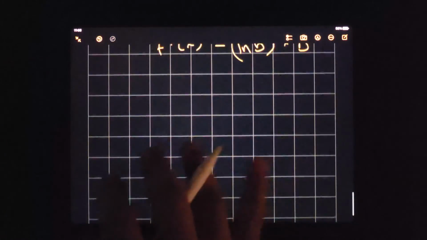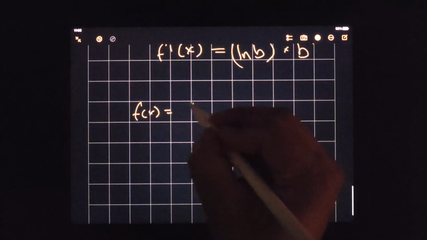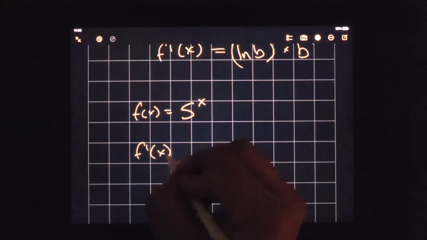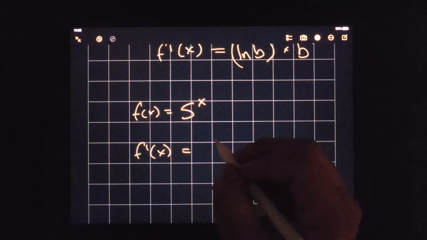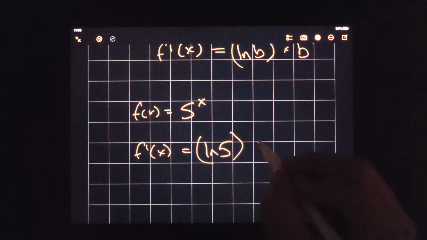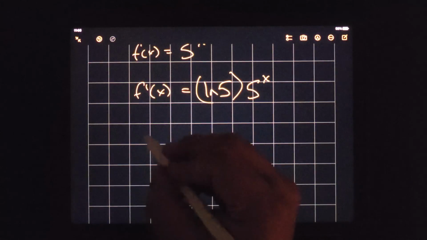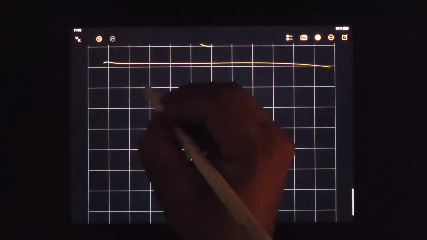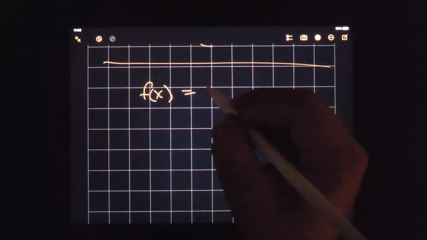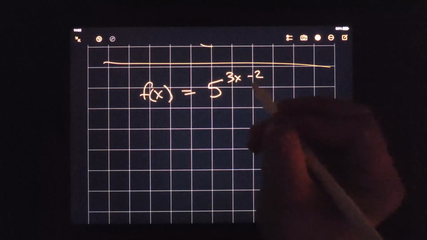So that's pretty straightforward, right? If you have f of x equal to 5 to the power of x, your f prime of x is going to be ln 5 times 5 to the power of x.